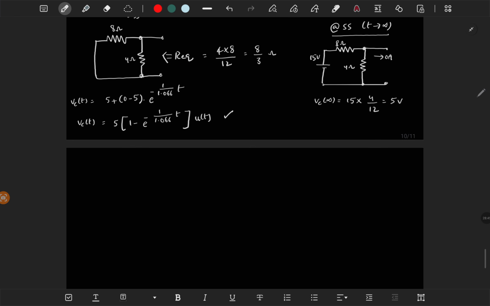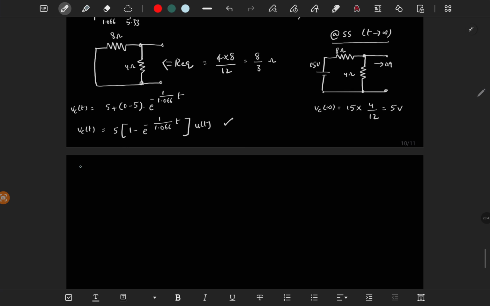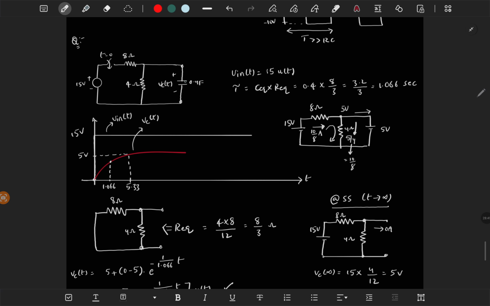And what is the capacitor current? We can find any voltage right here. Let's say this is V1 and this is V2. So V2 of t is the same as Vc of t, because these two are in parallel. And what about V1 of t? V1 of t is this input voltage minus this Vc of t.